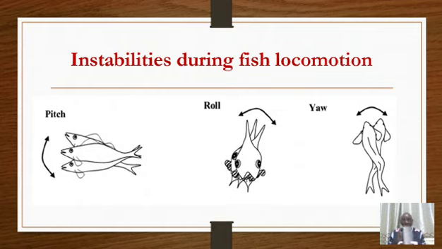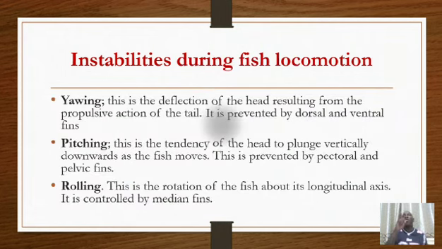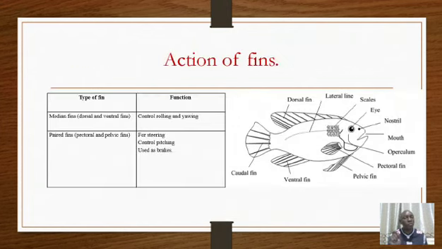Remember, yawing, that side deflection. Pitching, down. That is pitching. Yawing, an instability. Pitching, another instability. However, how is pitching controlled? We said pitching is controlled by the pectoral and the pelvic fins.